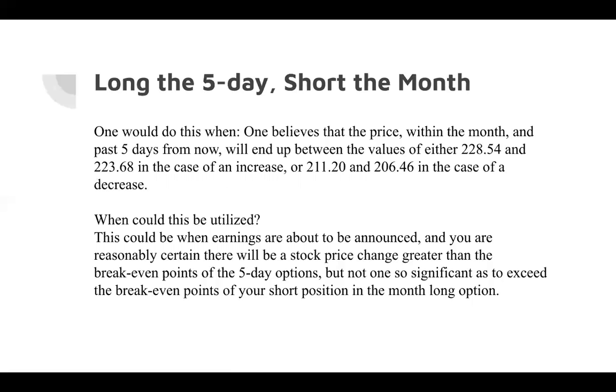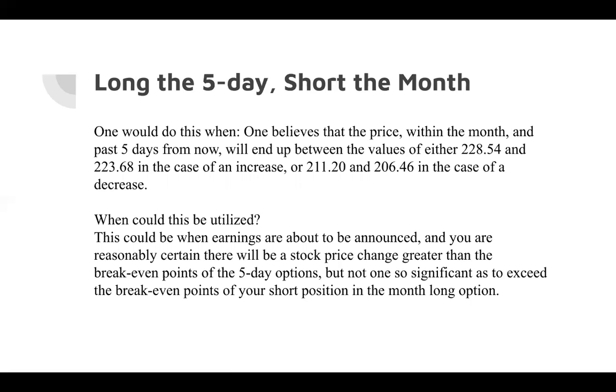So what that actually means is that let's say that the price increases, right? If it exceeds the $223.68 after the 5 days, but still falls short of the $228.54, then we'll have made a gain. If the price decreases and it falls below $211.20, but it still stays above $206.46, then again we'll have made a gain.